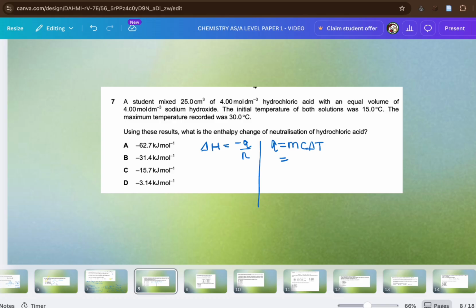So 25 cubic centimeters we will convert to 25 cubic decimeters, which is 0.025, times 2, 0.050. The heat capacity of water is 4.18.